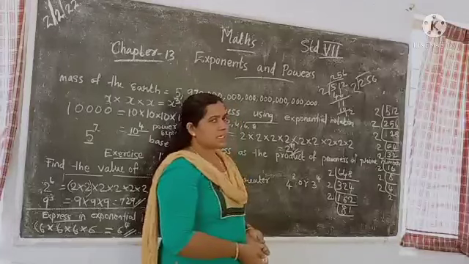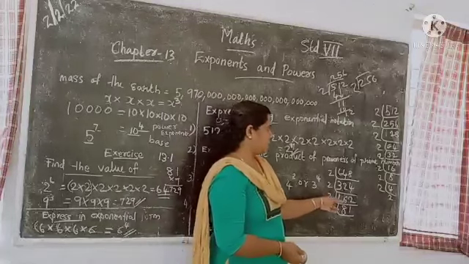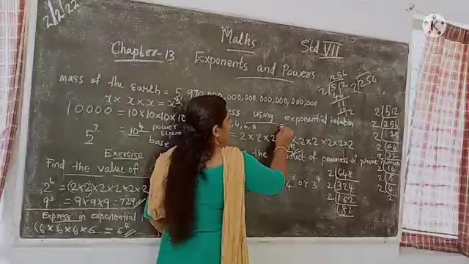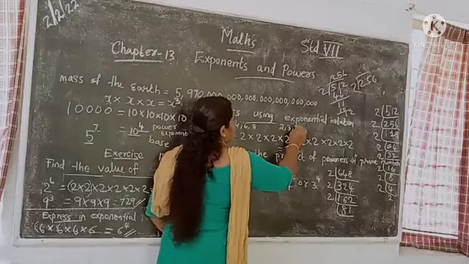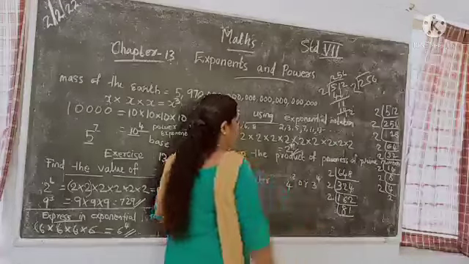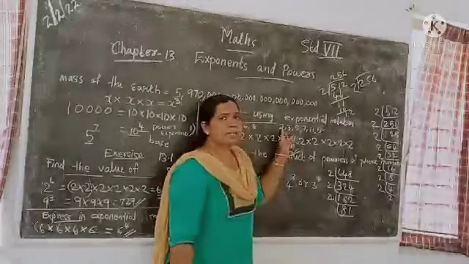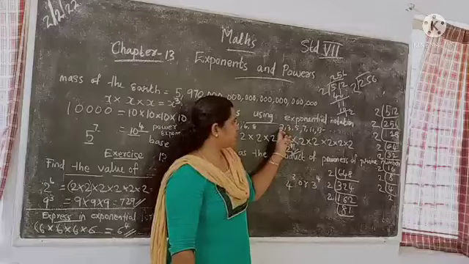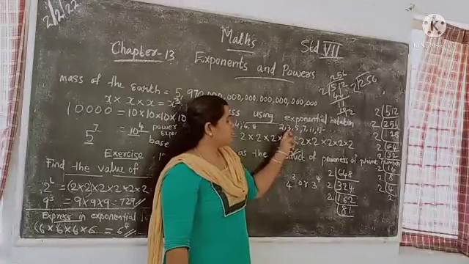Then we check divisibility by 3. The prime numbers are 2, 3, 5, 7, 11, 13, etc. So if the number is not divisible by 2, then we check the divisibility by 3.